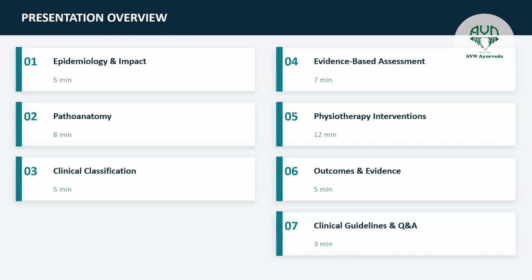This includes the epidemiology and impact of spine health, looking at cervical spondylosis and pathoanatomy, and how the disease progresses. Everyone must be knowing these factors, but we'll have a brush up. Then the clinical classifications, the evidence-based assessment, physiotherapy interventions, and how we can segregate the pain and disability factors, including outcomes and evidence, clinical guidelines, and a questionnaire and session at the end.